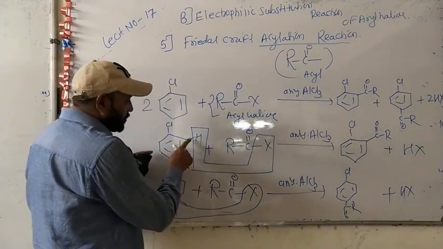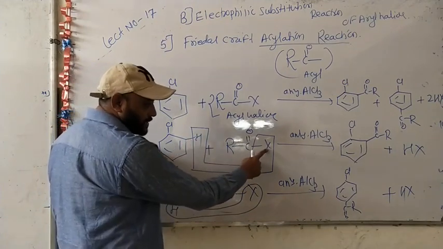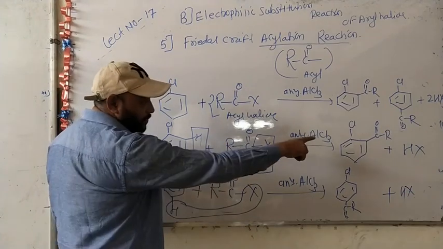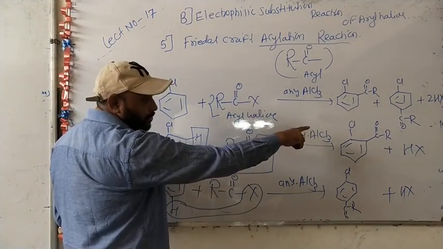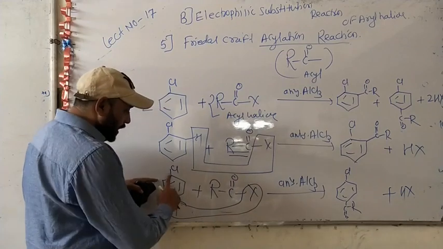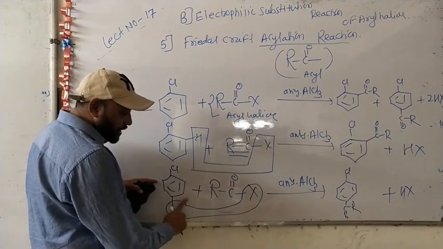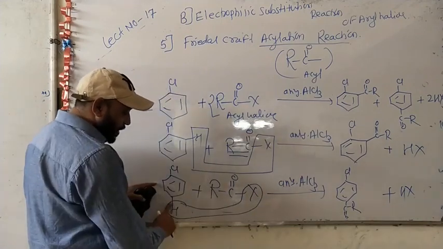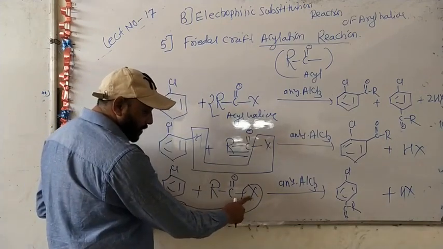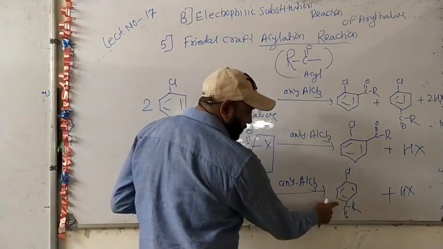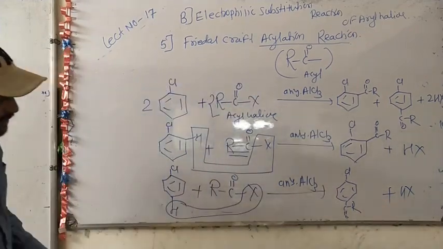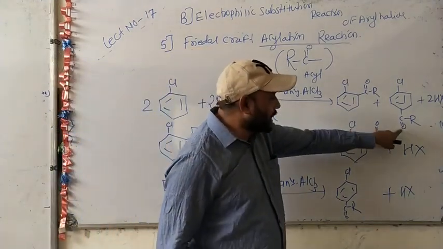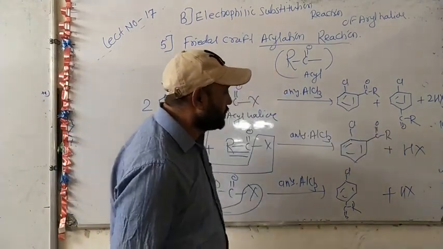First, hydrogen is replaced at ortho by the RC double bond O group, forming ortho-chloroacylated benzene, and second, chlorobenzene reacts with the acyl halide in presence of AlCl3. So the para hydrogen is replaced by this acyl group, forming para-chloroacylated benzene. So here two products are formed, out of which para is the major product and ortho is minor.